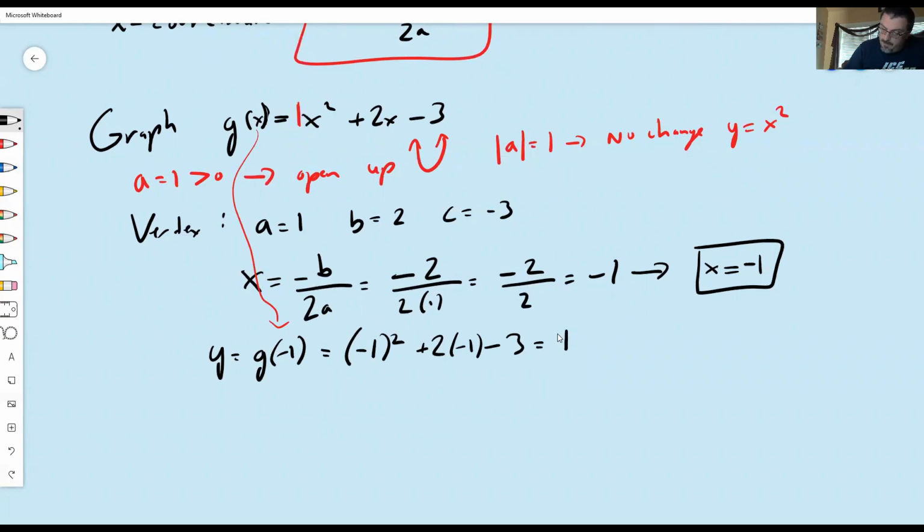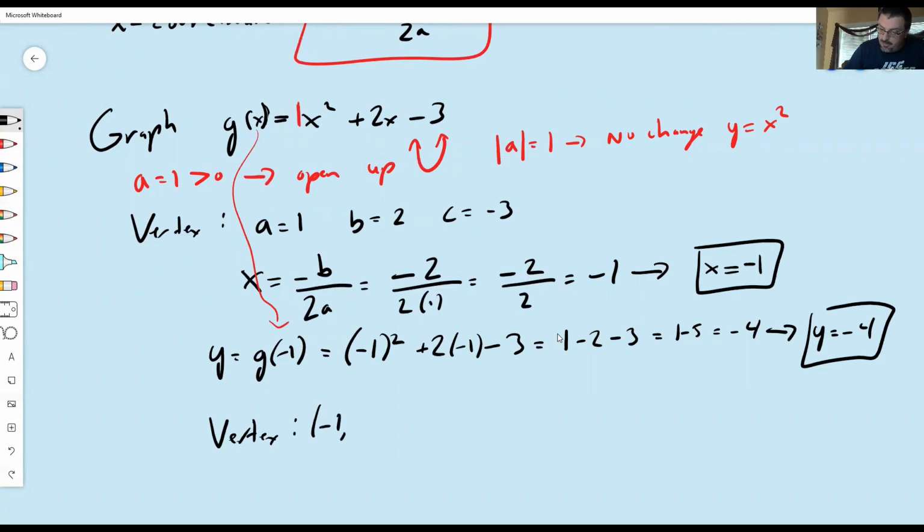So 1 minus 2 minus 3. Or 1 minus 5, minus 4. Or y equals minus 4. So your vertex is the ordered pair minus 1, minus 4.